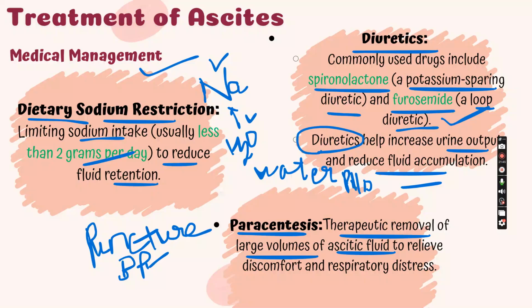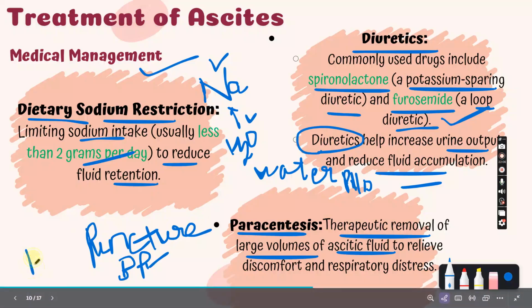procedure also. The reason for measuring blood pressure is that whenever we are doing paracentesis, a huge amount of fluid gets out of the body, which can eventually lead to hypotension and could also cause hypovolemic shock. So this is the reason: if the BP drops below 90, we have to immediately stop paracentesis.